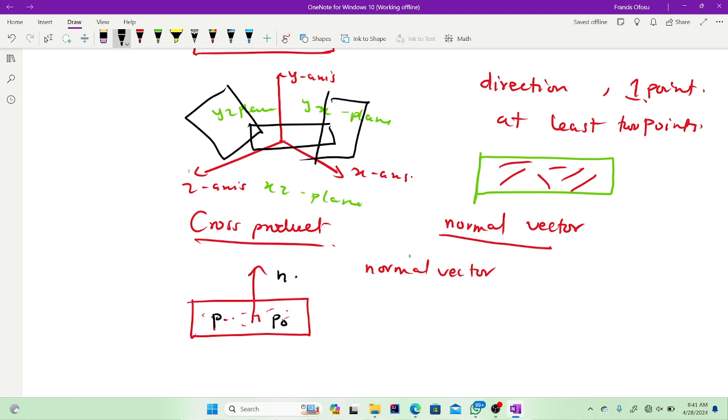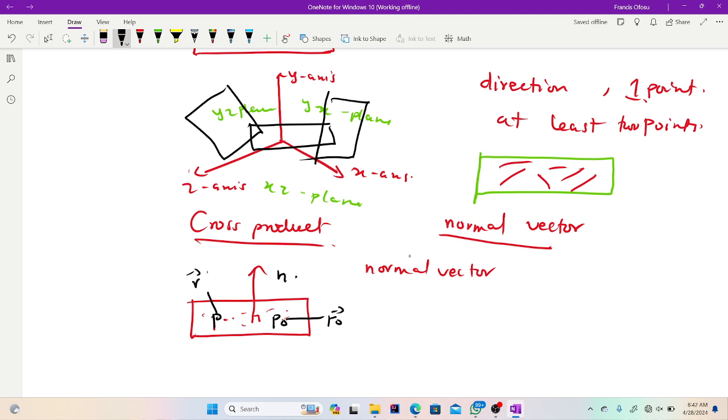And remember that the position vector of P is represented as what? R, and the position vector of P naught is represented as vector R naught, okay? So now, the condition is whenever you find a cross product, the cross product is perpendicular to any other point in the plane.